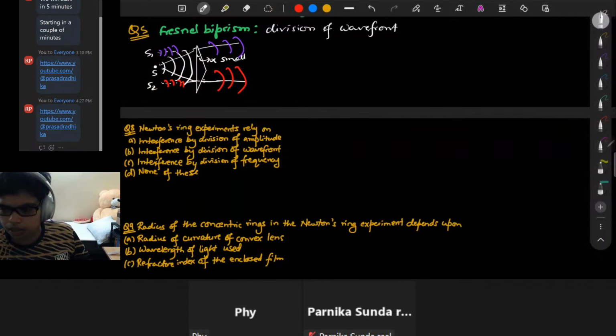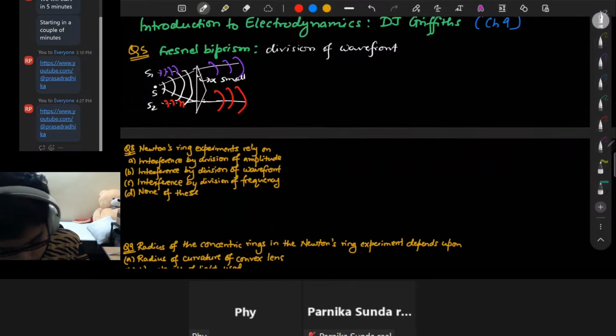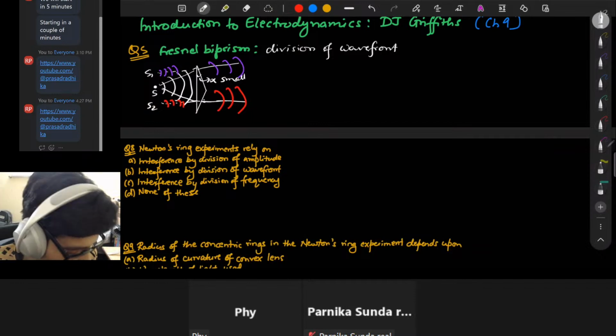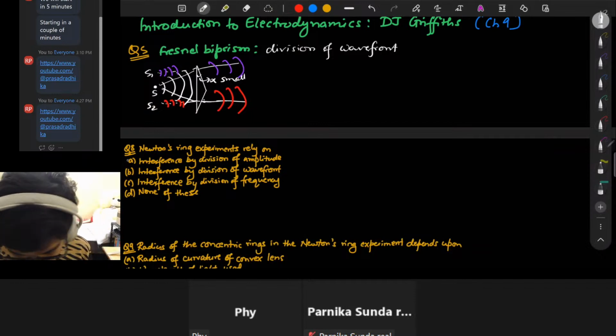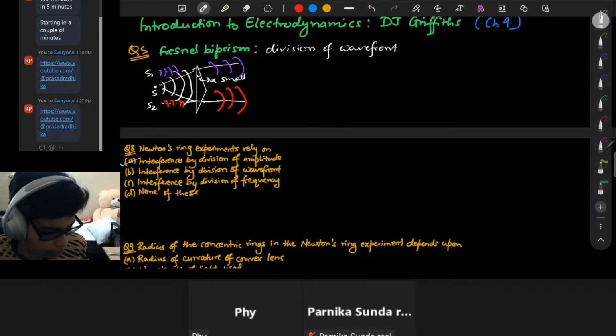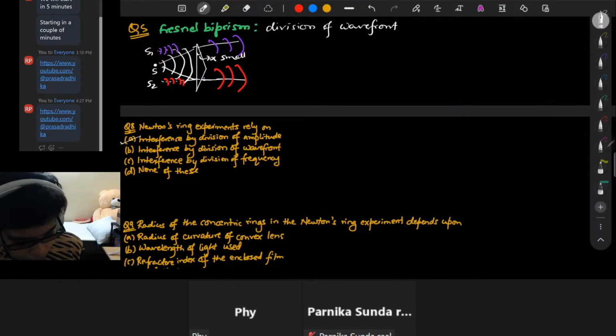Okay, so let me end the poll. The correct option is option A, division of amplitude. And why so? Let me draw it for you.